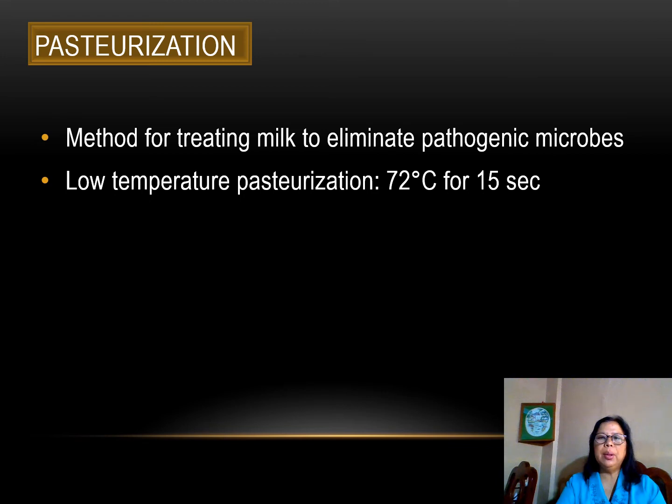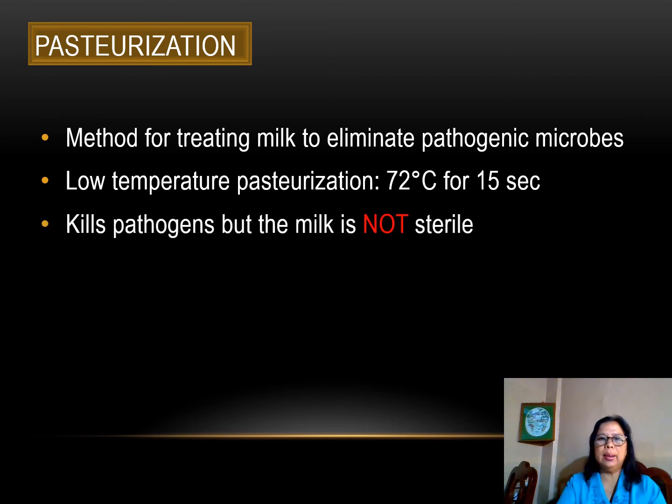It makes use of 72, or below 100 degrees Celsius for 15 seconds. It kills pathogens but does not make the milk sterile. That is why you have what we call pasteurized milk, because there are some microorganisms present in milk that are helpful for human life.